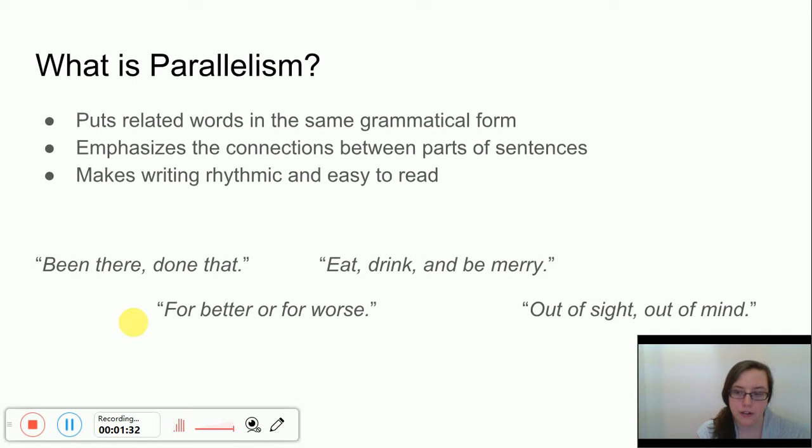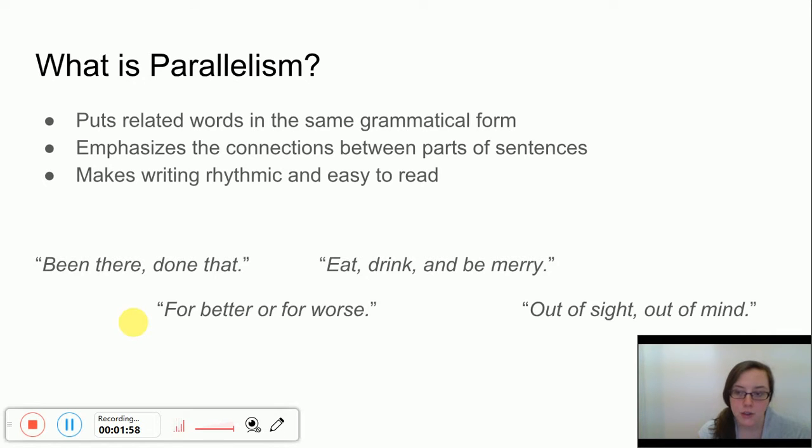With parallelism, we want to make sure that our sentences, especially our complex sentences or our compound complex sentences, have a parallel structure so that the language is the same for each element, or when we have related words, they're in the same grammatical form. Parallelism shows the connections between ideas.